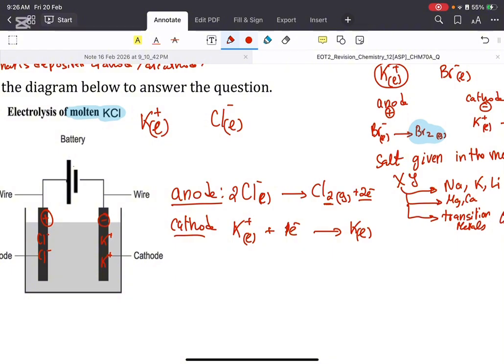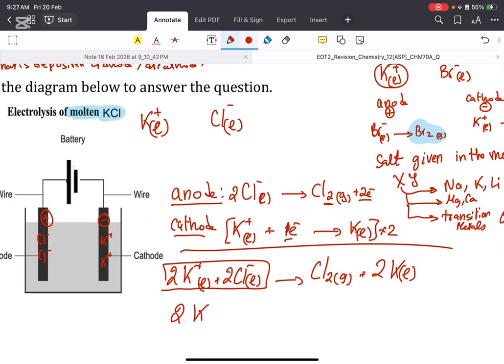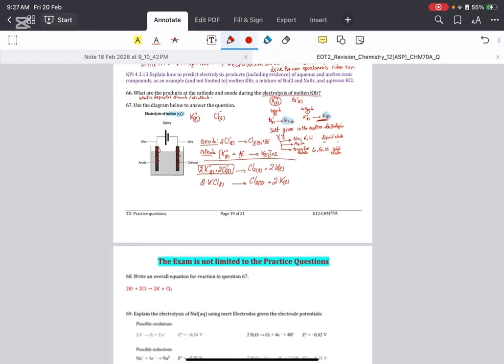Now, since there's a loss of 2 and a gain of 1, this must be multiplied by 2, and the overall equation is 2K plus and 2Cl minus, giving me Cl2 gas and 2 potassium liquid, or this one could be written like that, 2 KCl liquid going into Cl2 gas and 2K liquid. Okay.